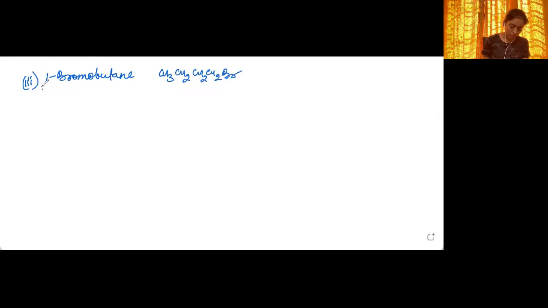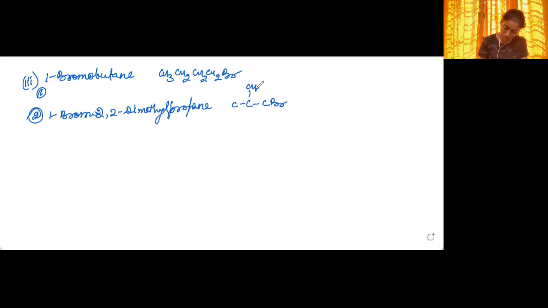The second molecule is 1-bromo-2,2-dimethyl propane. Br, here it is CH3.